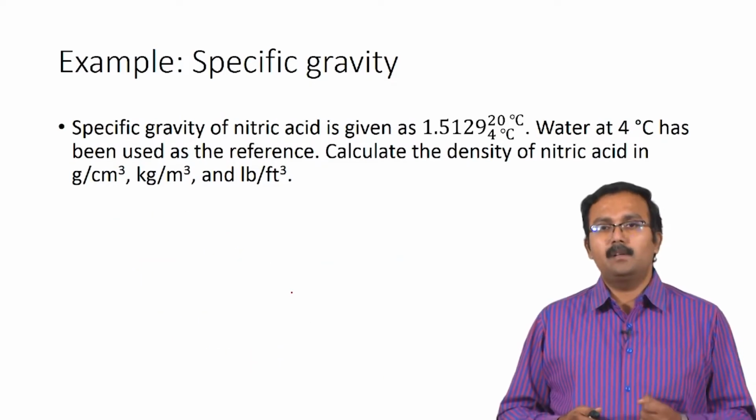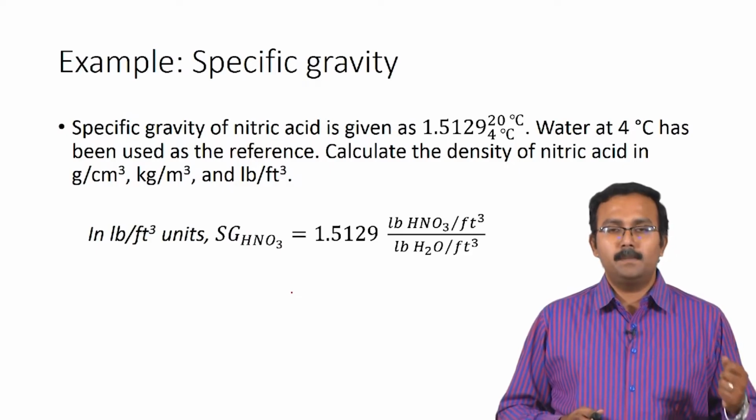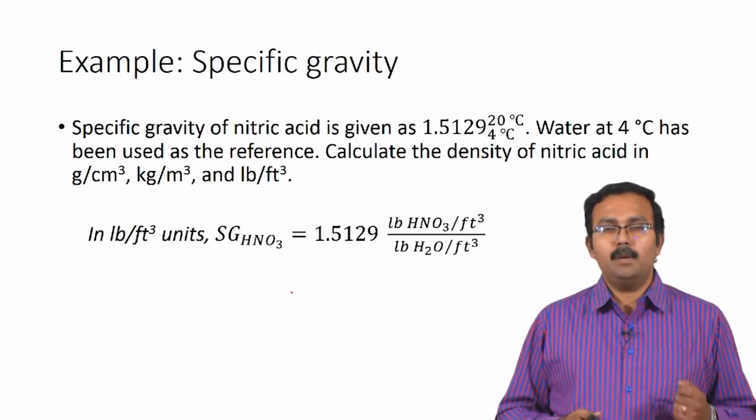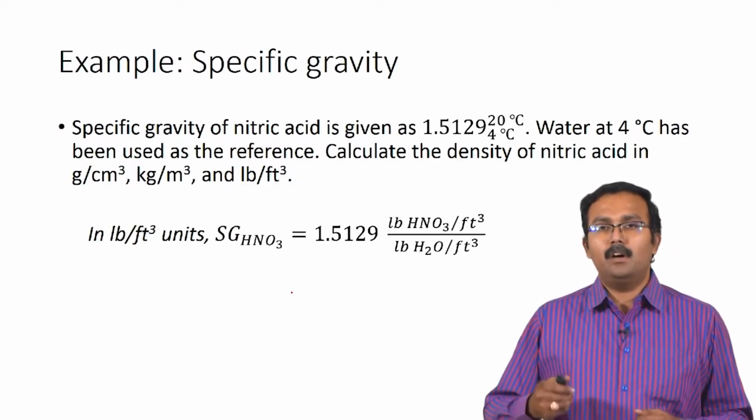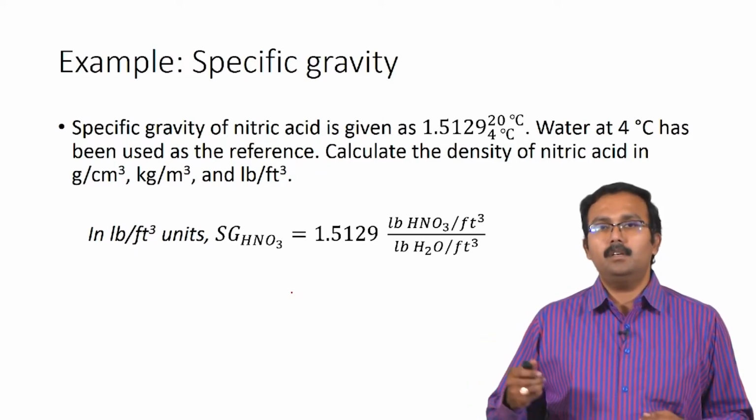If I want to calculate the density in terms of pound mass per feet cube, then the specific gravity should be written down as 1.5129 pounds of nitric acid per feet cube divided by pounds of water per feet cube.